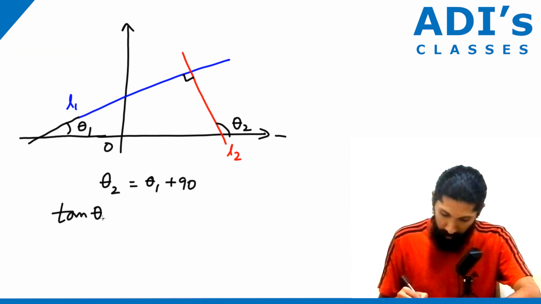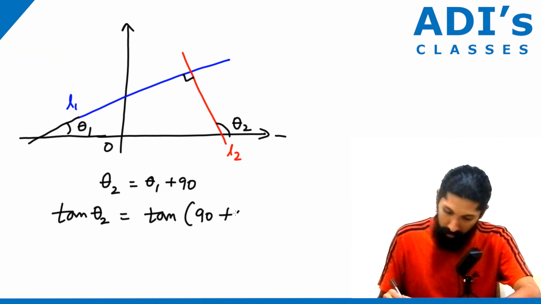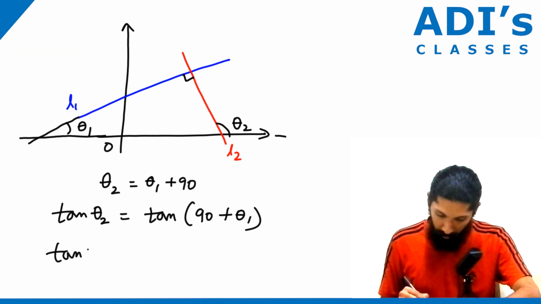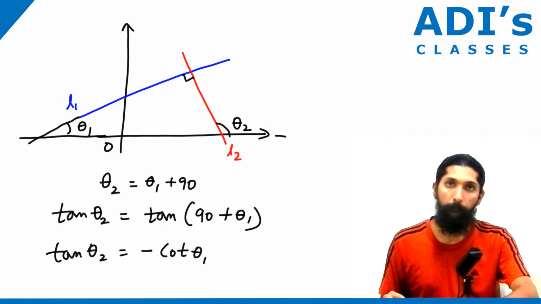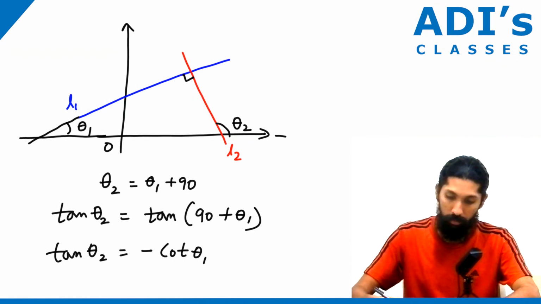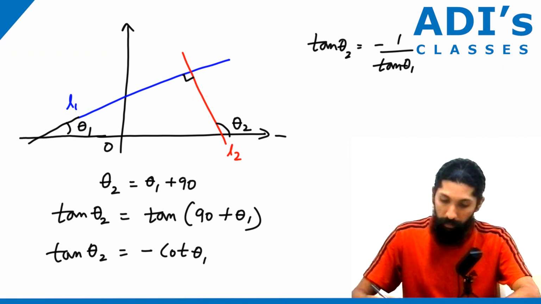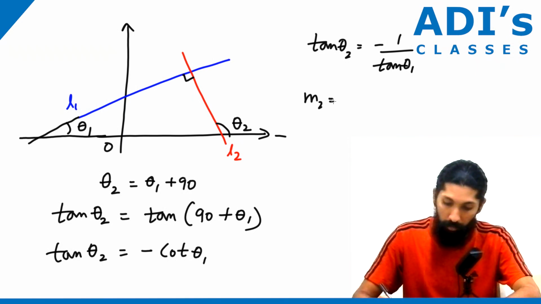Tan theta 2 is equal to tan of 90 plus theta 1. So tan theta 2 is equal to minus cot theta 1. Correct? Or we can also write tan theta 2 is equal to minus 1 by tan theta 1. So what do we have? M2 is equal to minus 1 by M1.